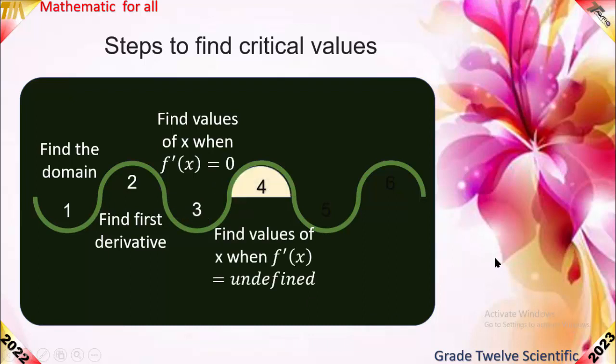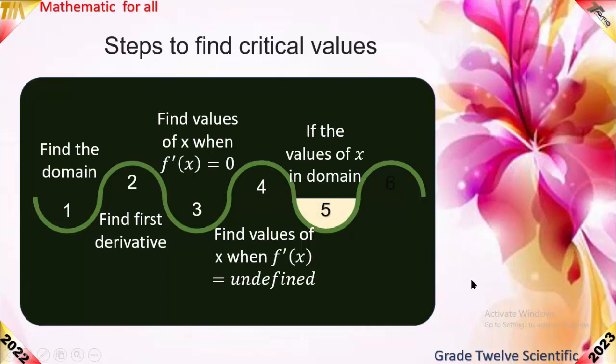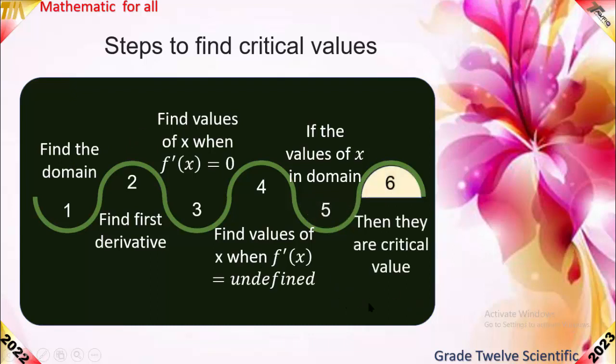Fourth step, find values of x when f prime of x is undefined. Step number 5, if the values of x which we found at steps 3 and 4 are in the domain of the function, then they are critical points.